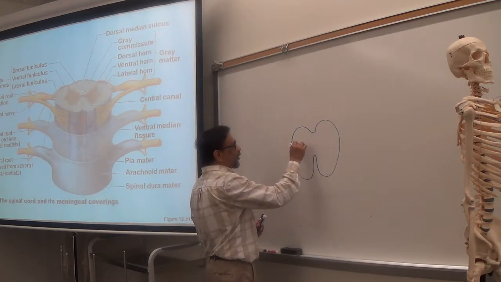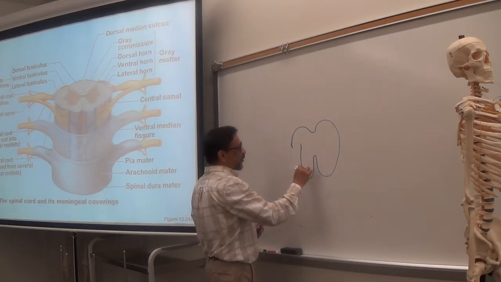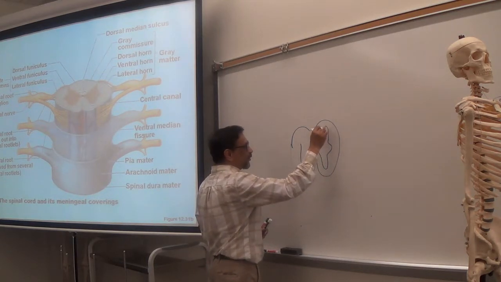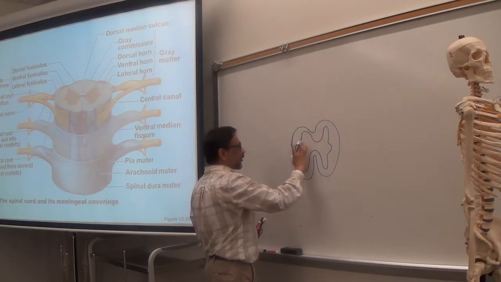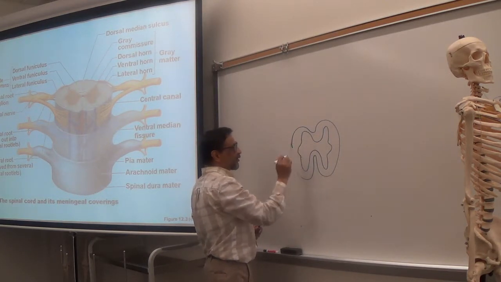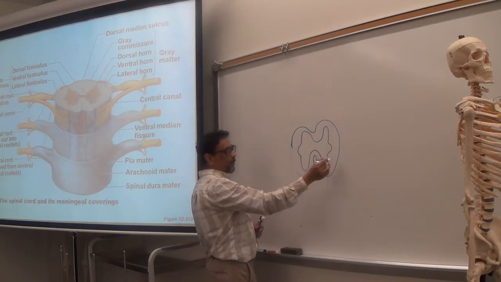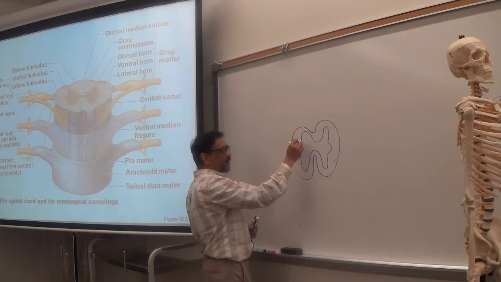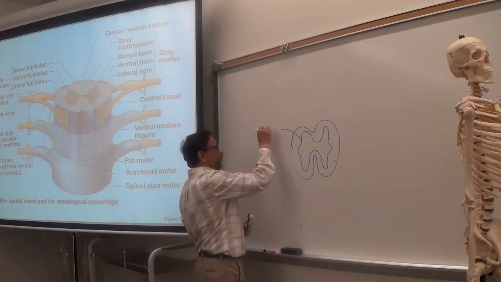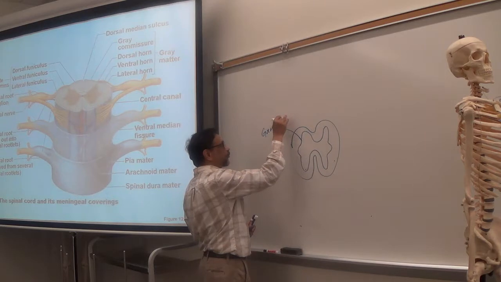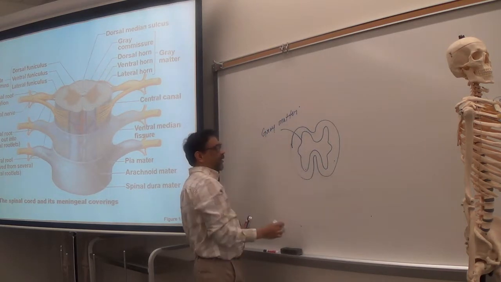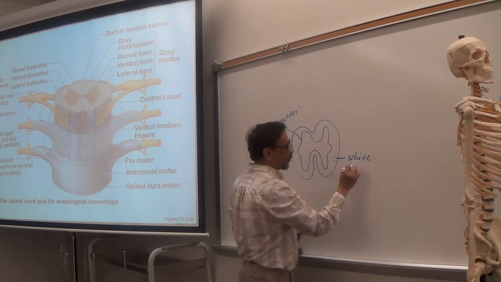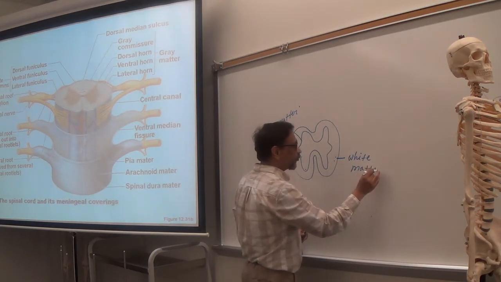In the spinal cord, the inner part is gray matter and the outer part is white matter. So the inner part is what? Gray matter, and the outer part is white matter. So this butterfly shape, the inner part, is the gray matter, and the outer part is white matter. Okay.